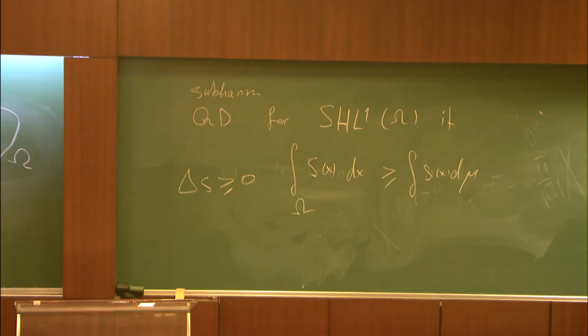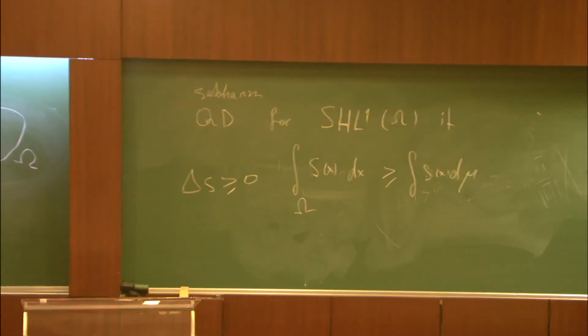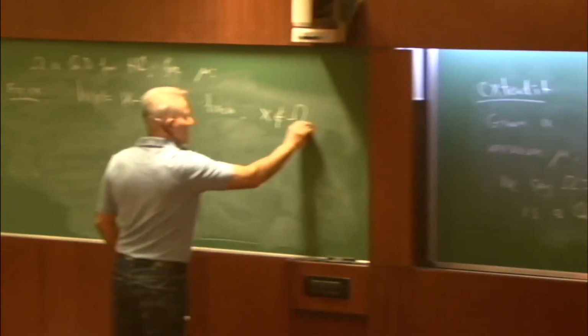Suppose this is a partial domain for some measure. Then this is going to be harmonic when x is not in omega.